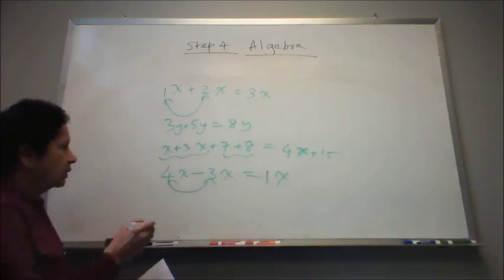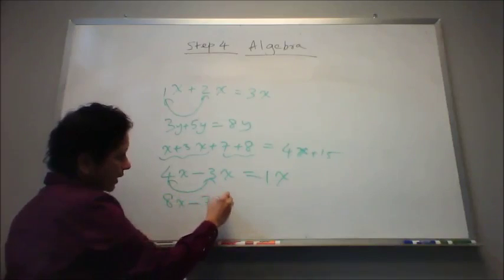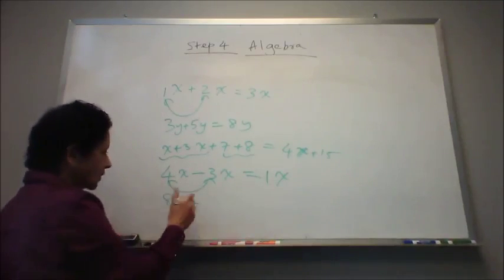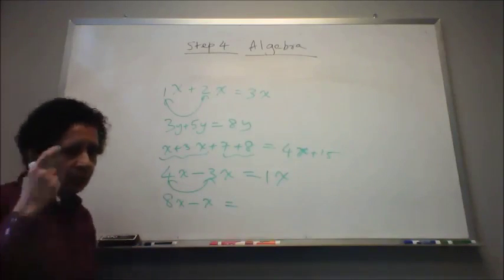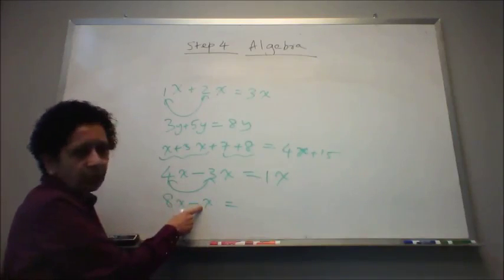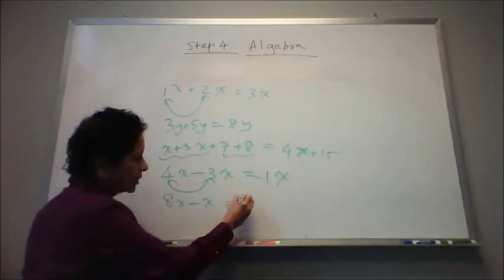And similarly, if I have 8x minus x. So here you need to remember, even though I didn't put a number here, if I didn't put anything, that means 1, right? So 8 minus 1, that is 7x.